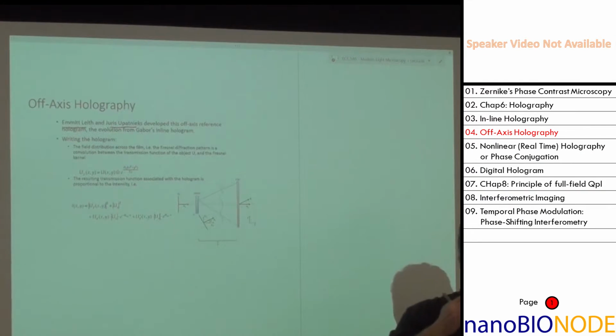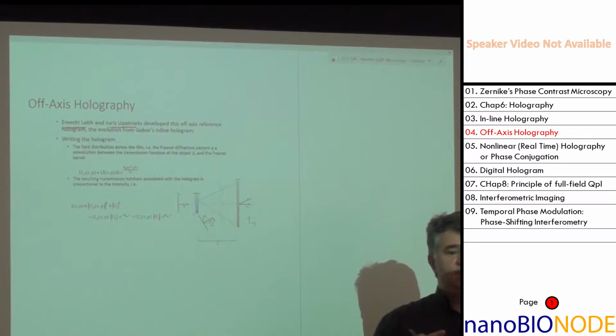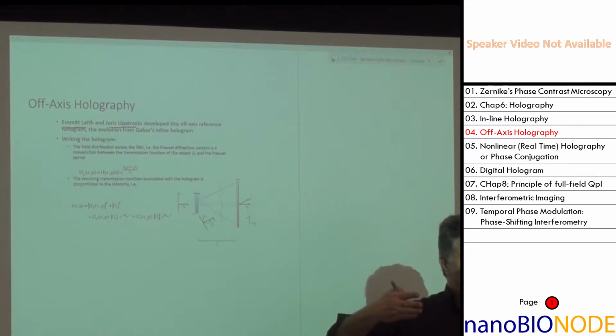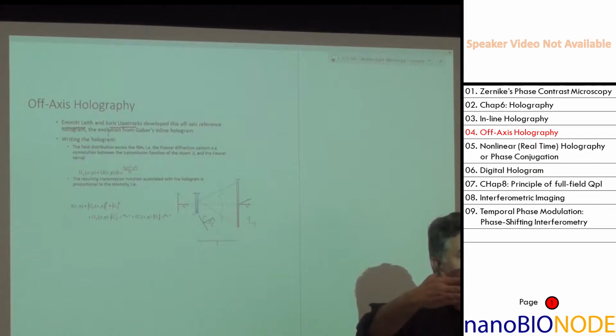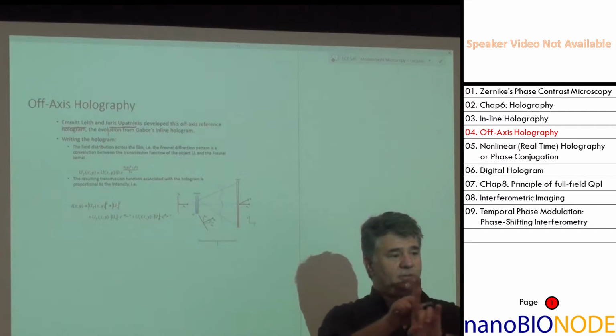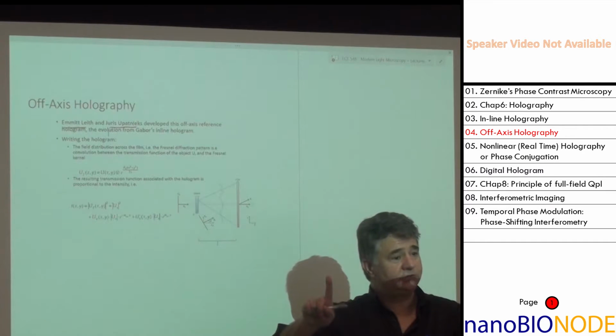Instead of illuminating inline, you somehow bring your illumination at an angle, or have the light that goes through your object come up with the reference field at an angle. That simply offsets these two ghost images. They are not going to overlap anymore; they are going to be off axis.